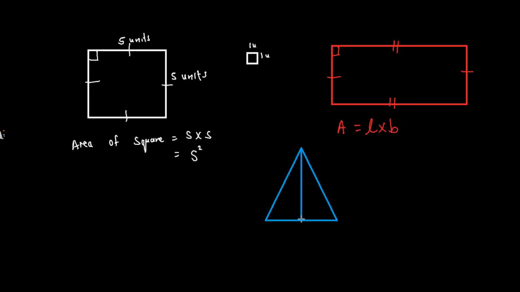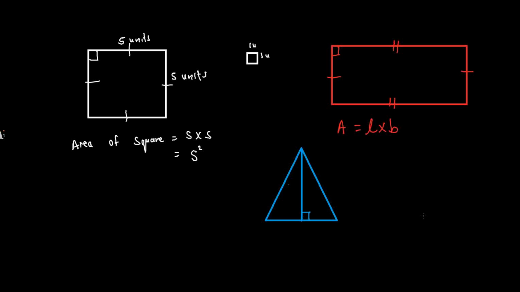Perpendicular means that there are 2 lines or line segments that intersect at an angle of 90 degrees. So it's perpendicular because it's a 90 degree point here.